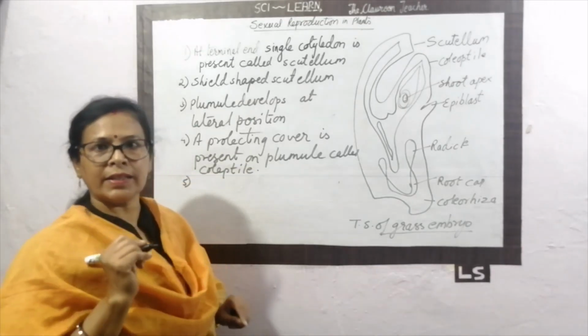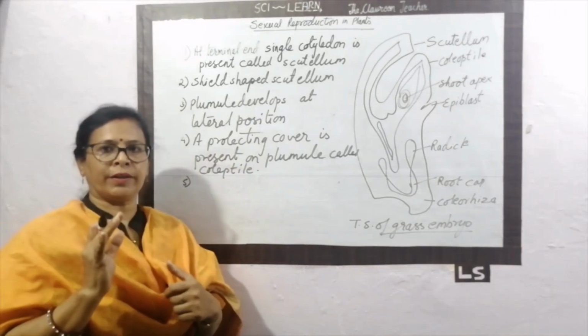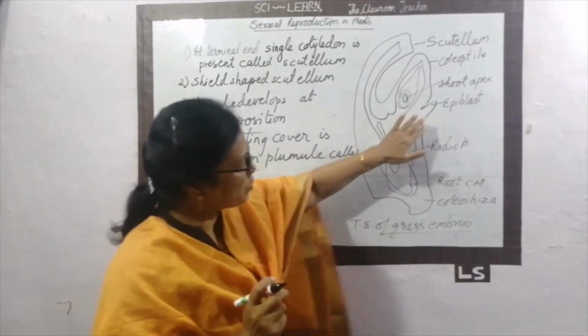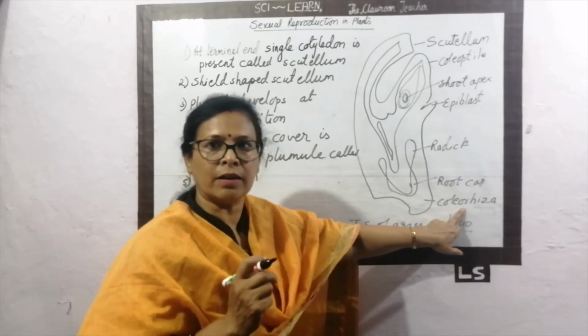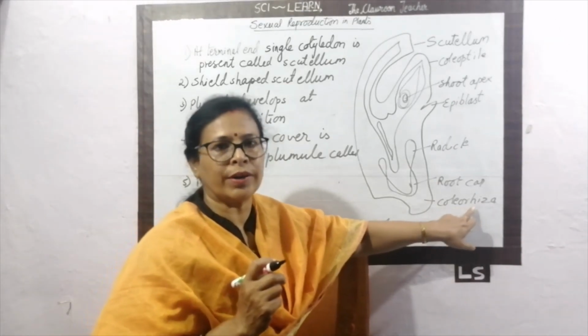What is next? The radicle is also protected by some layer. The radicle is protected by this layer, and this is called the coleorhiza.